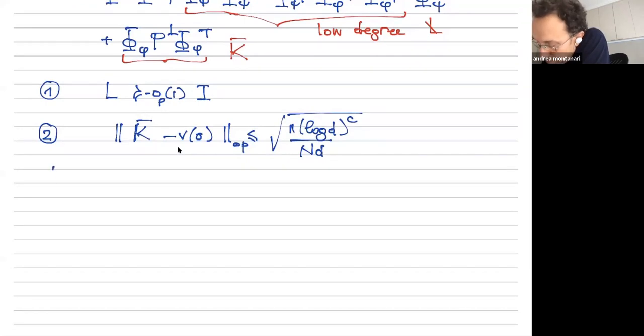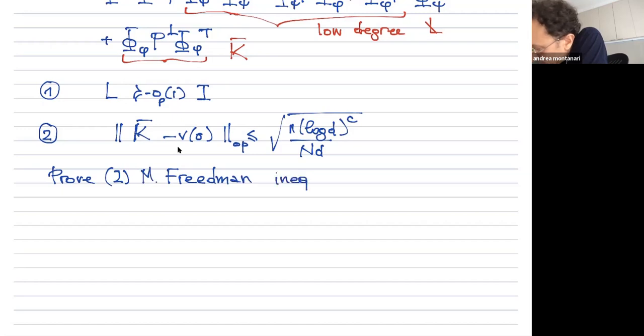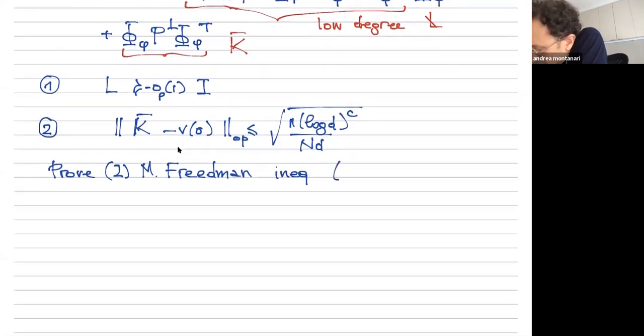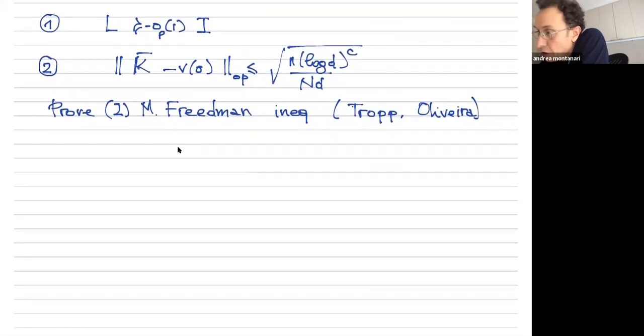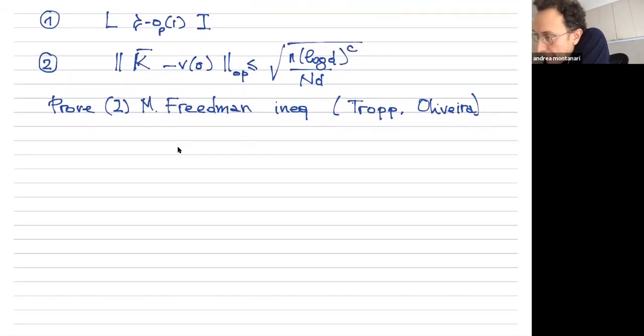We prove it by a matrix concentration inequality, in particular the matrix Freedman inequality for matrix martingales, due to Oliveira and Tropp. So it's a matrix concentration inequality for matrix valued martingales.